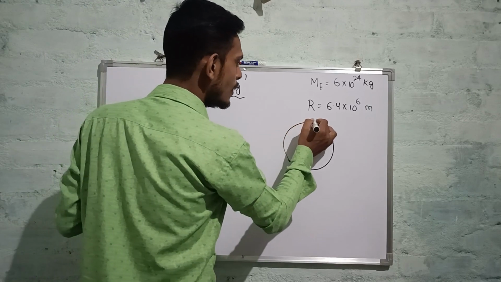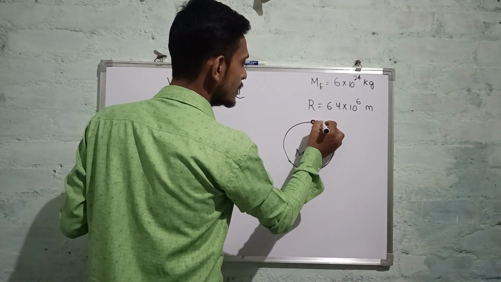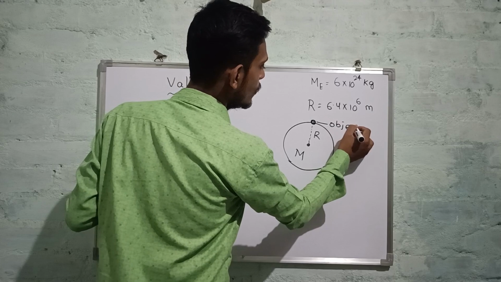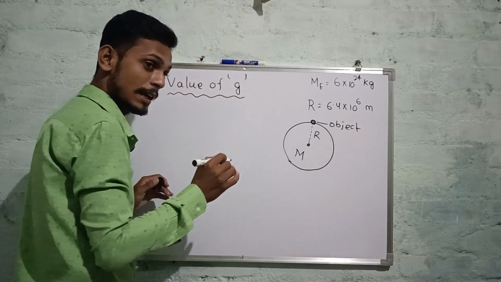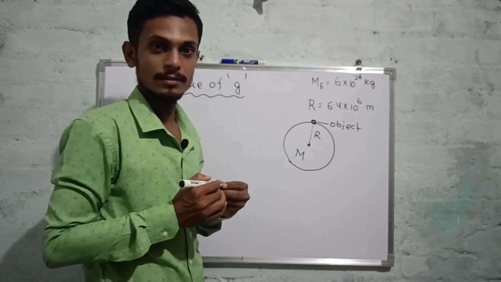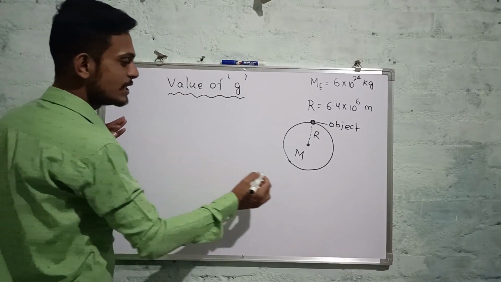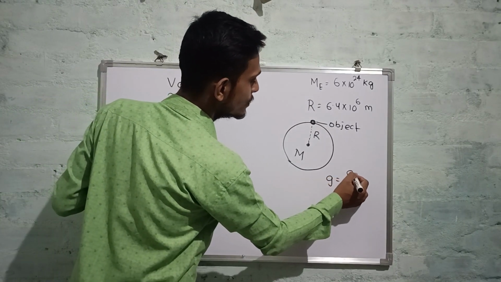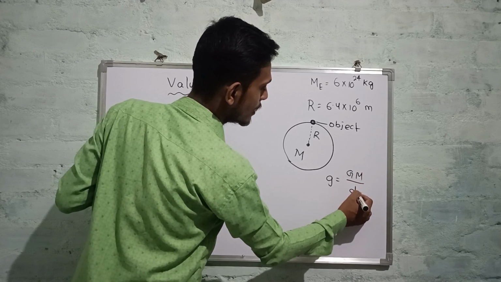If this is the object present on the surface of the earth, what is the expression of g? g equal to GM by d square, yes or no?